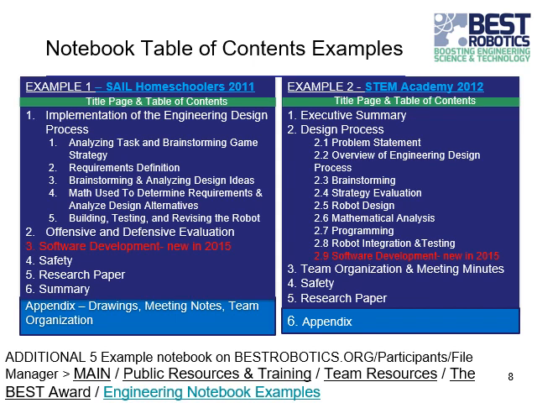These 2 schools in 2011 and 2012 created excellent engineering notebooks. They are all high schools. They're very accomplished engineering notebooks, and they're there to inspire you and give you examples.